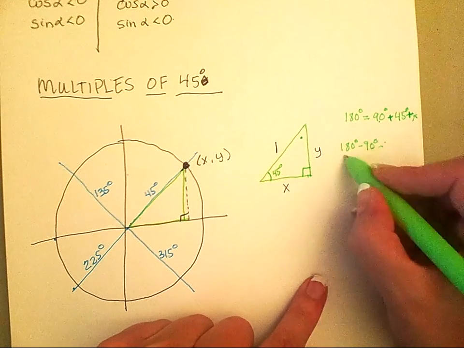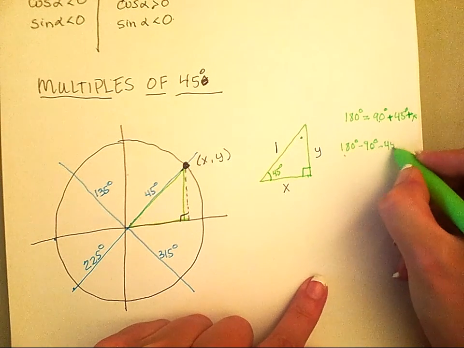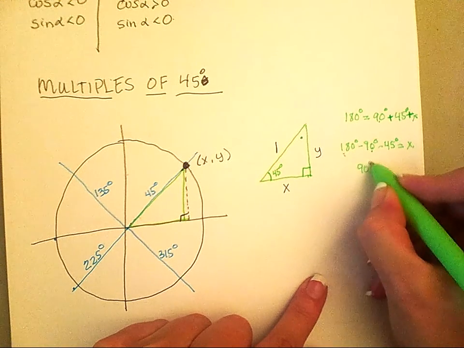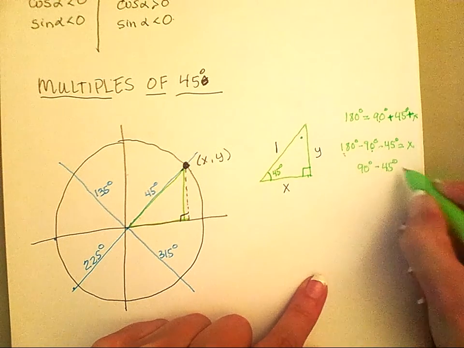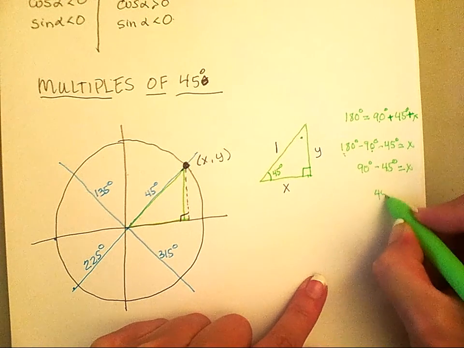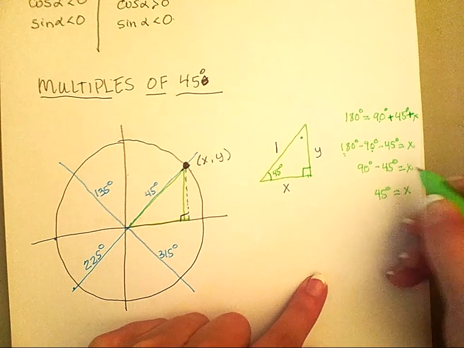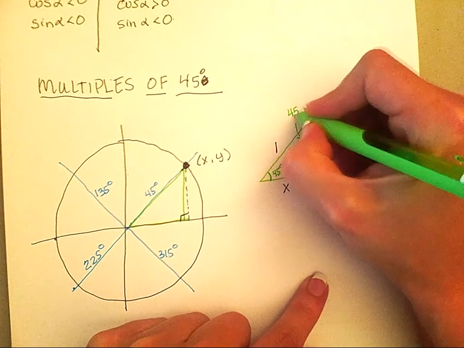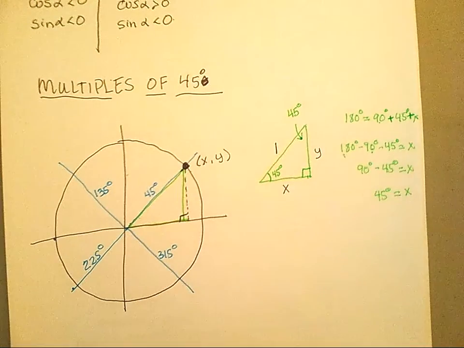Okay. So when I subtract, I'm subtracting 90 degrees and 45 degrees. Okay. 180 minus 90 is 90 degrees. 90 minus 45 is 45. So this angle must be 45 degrees. All right.